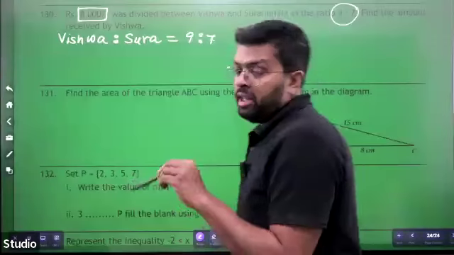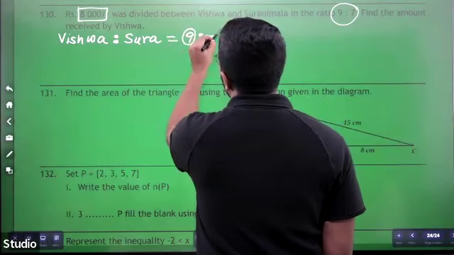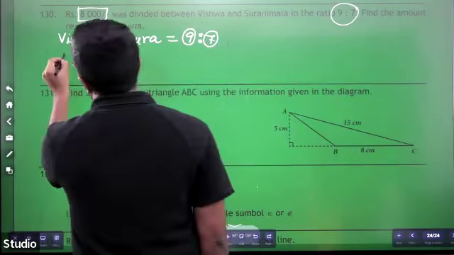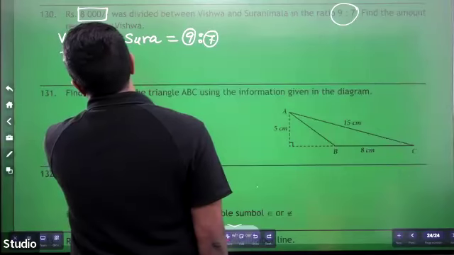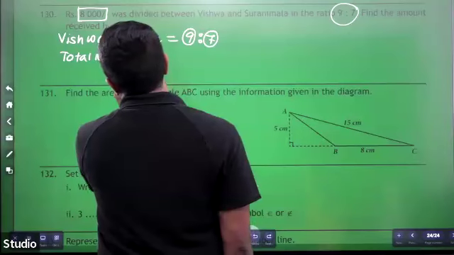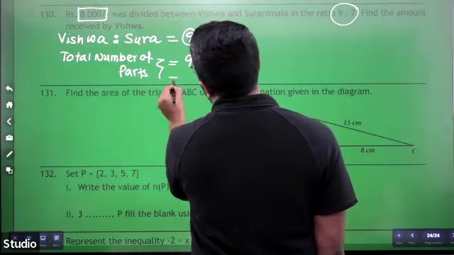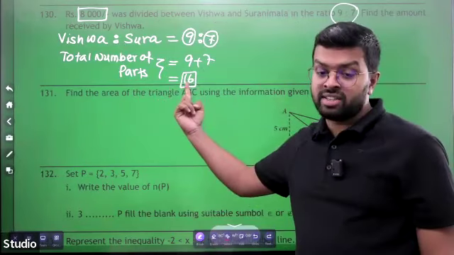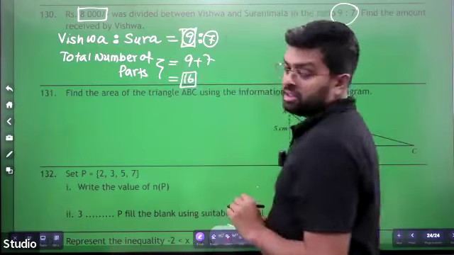In this kind of a question, what we need to do is think about how many total number of parts there are. Total number of parts equals 9 plus 7, that is equal to 16. Now, out of these 16 parts, Vishwa is getting 9 parts.